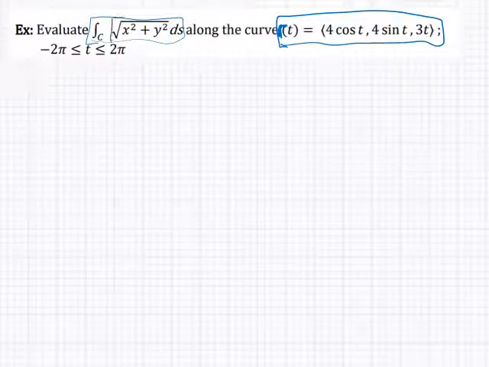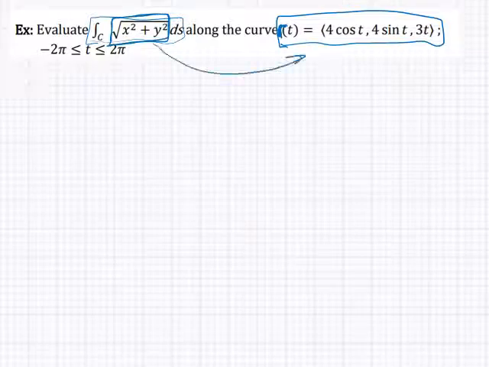This is the surface itself that we're integrating over that curve. And this is the interval of t's that we're going to work with on the curve. So we have a starting point and an ending point. This is basically pulling together a lot of different things we've talked about over the course of the semester: vector valued functions, multivariable functions, and integrating these over the curve with respect to arc length.